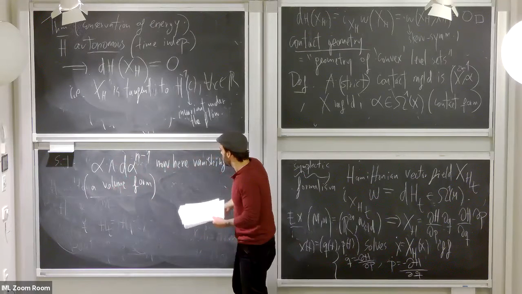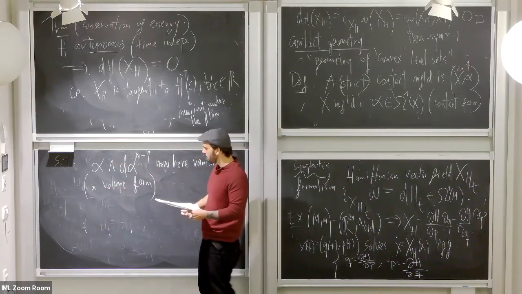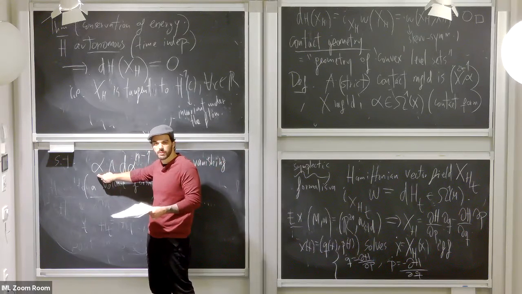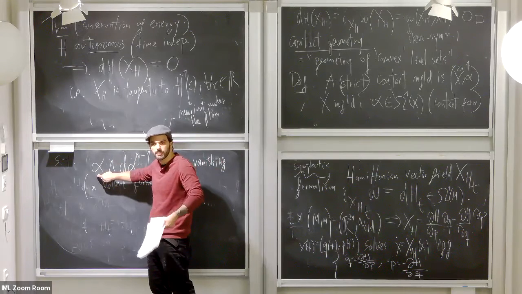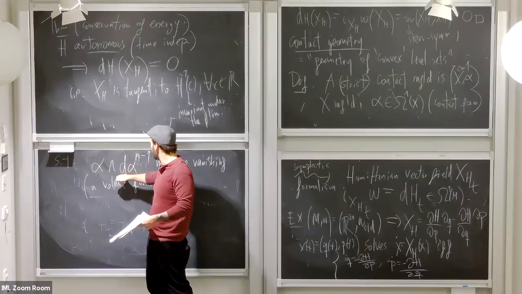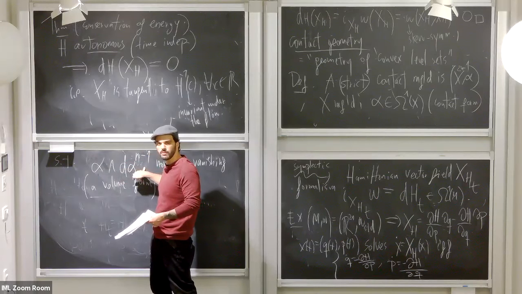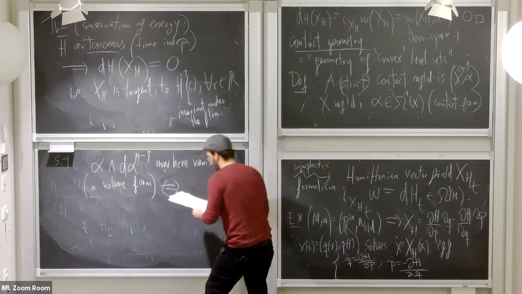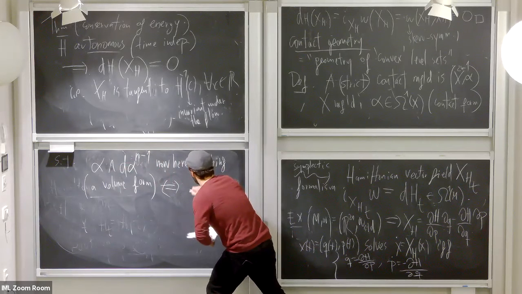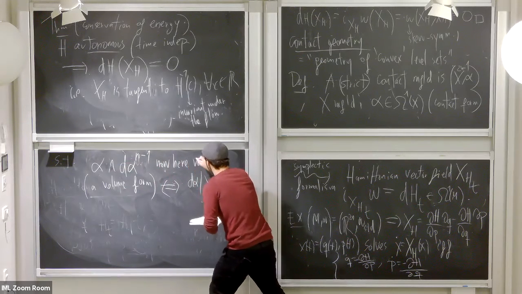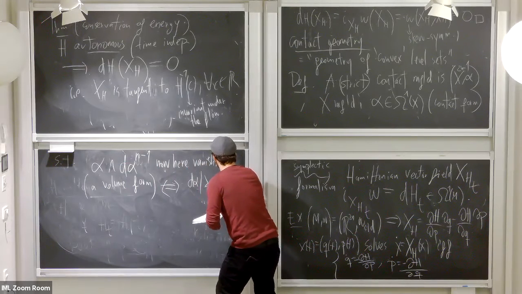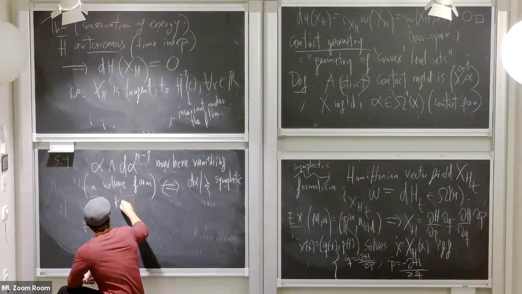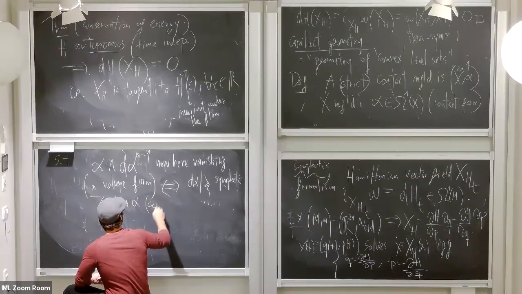If you look at this expression, it's a bit funny looking, but it means that if I look at the kernel of alpha, which is a codimension 1 distribution on the tangent bundle, so I'm choosing a hyperplane on each tangent space, then d-alpha is a symplectic form on that kernel. So this is equivalent to d-alpha restricted to xi being symplectic, where xi is the kernel of alpha, which is usually called the contact distribution.